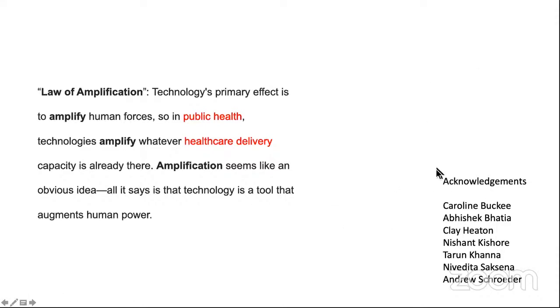He is a joint assistant professor of computer science and engineering, as well as pediatrics, at the University of California, San Diego. He's an engineer by training, an alumnus of IIT Kharagpur. Went on to do his PhD from Stanford, and his research interests are quite varied.